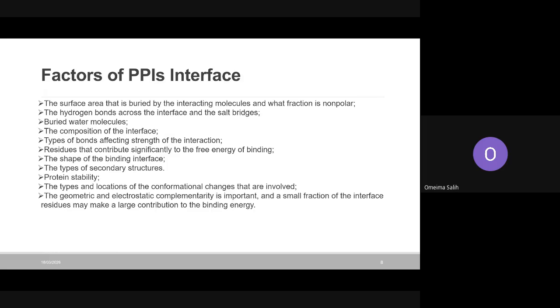So the geometric and electric complementarity is very important between these two polypeptides, and it defines the strength of this interface. And we call this strength the binding affinity between the two polypeptide chains.